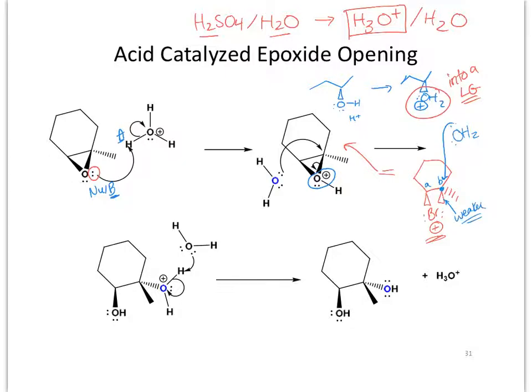So that's what the water's most attracted to, because if I asked you if water was a strong nucleophile, you would tell me it's not. That's a weak nucleophile. And weak nucleophiles are looking for the most positive center, the most attractive center. So just like the halohydrin, it will preferentially attack the carbon that's the more substituted. Exact same thing with acid-catalyzed epoxide opening.